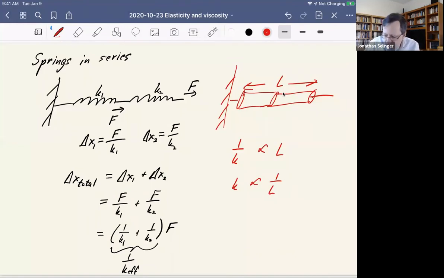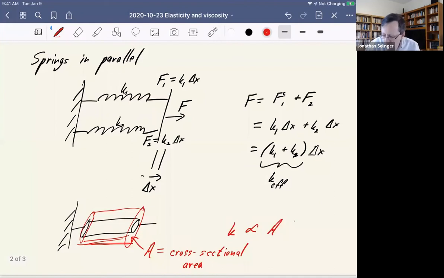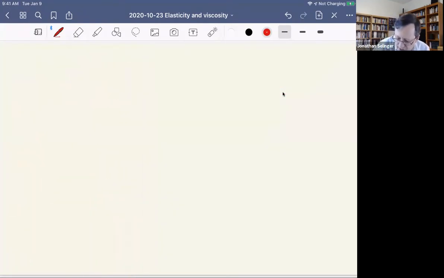So this then tells us how the spring constant depends on the length of the material, this is 1 over length, and how does it depend on the area of the material? So we could combine those things, right?